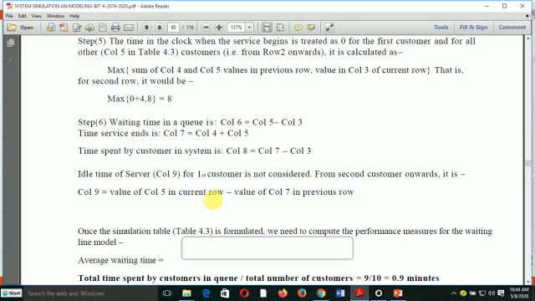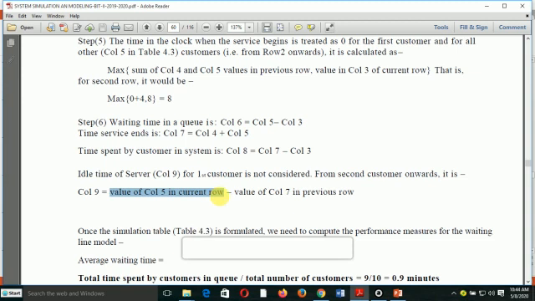This means that we take the time when the service ended for the previous customer, and it will be deducted from when the service began for the current customer. It means that the service began for the first customer.